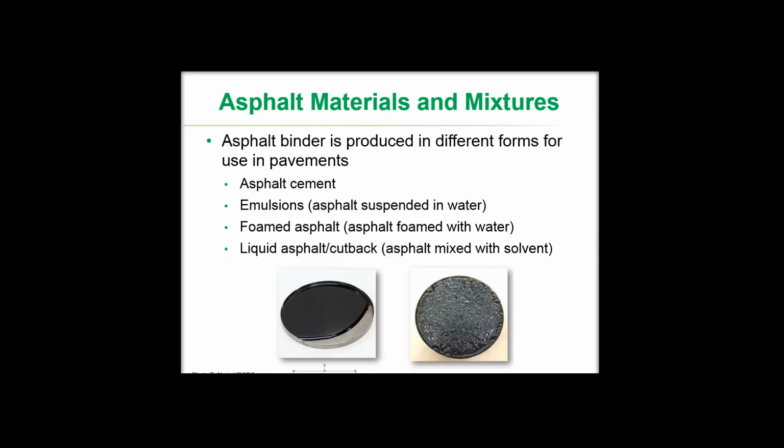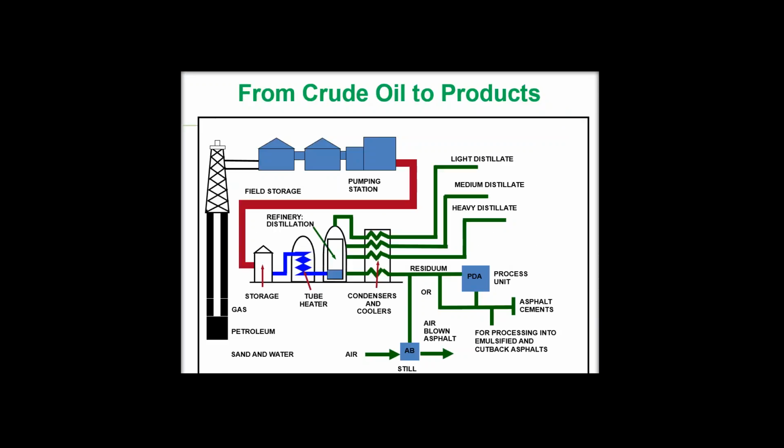We can create what we sometimes refer to as asphalt champagne by foaming asphalt in water, not used very much anymore, primarily for environmental reasons. We can also make asphalt liquid and spreadable by mixing it with a solvent. On the right-hand side, you see an example of an asphalt rubber mix where recycled tire rubber has been digested into the asphalt cement.